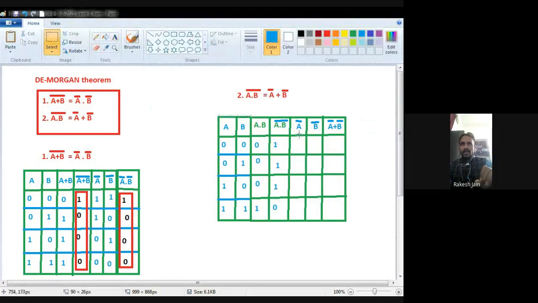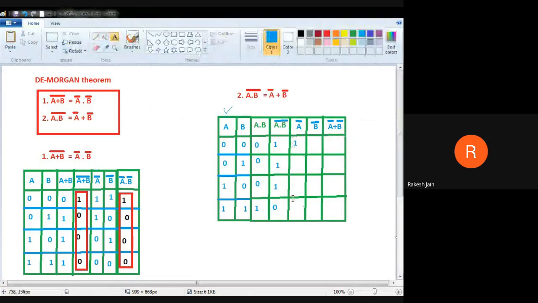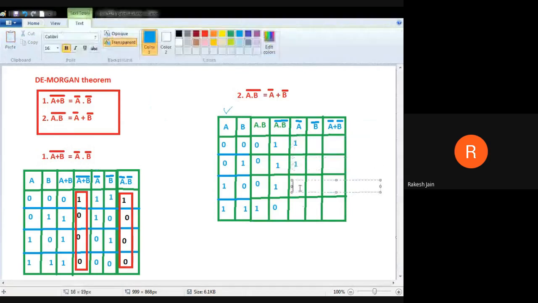First I require A bar for the right hand side, then I require B bar for the right hand side, then A bar plus B bar. Okay, so now I am going to find out these answers.